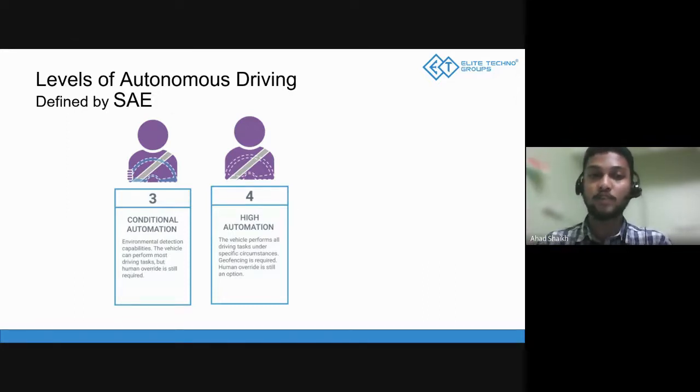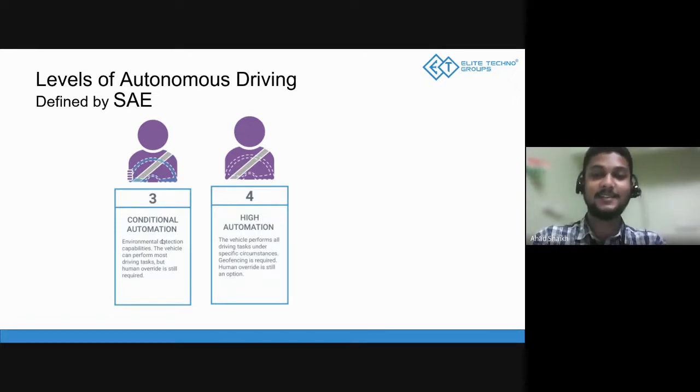At those places, the human has to take the steering in hand and take control. But when it comes to preloaded data, like in certain cities or metropolitan areas, the vehicle is equipped with that data, so it can run completely in that region with that defined information. That's how level 4 automation works.